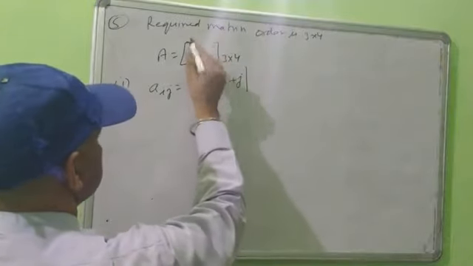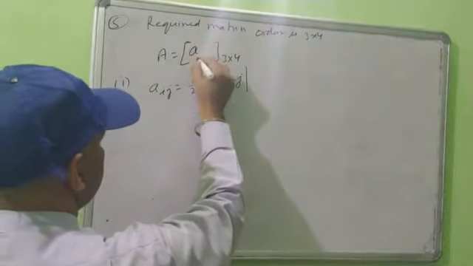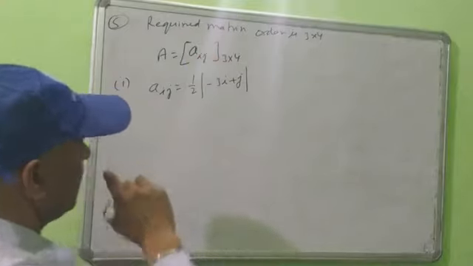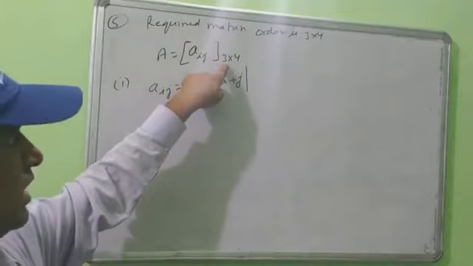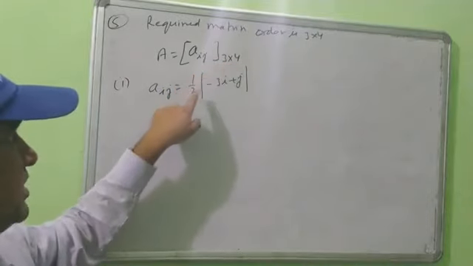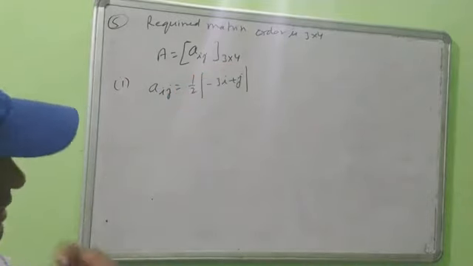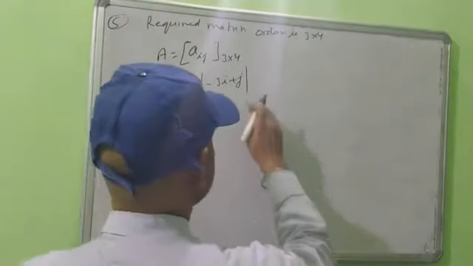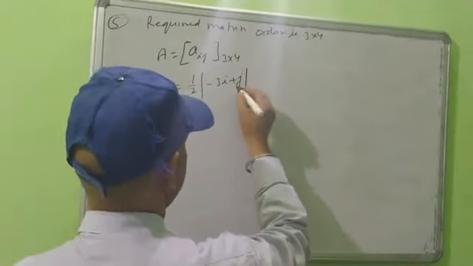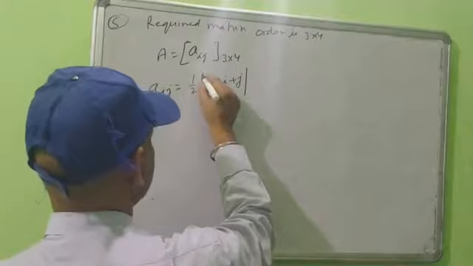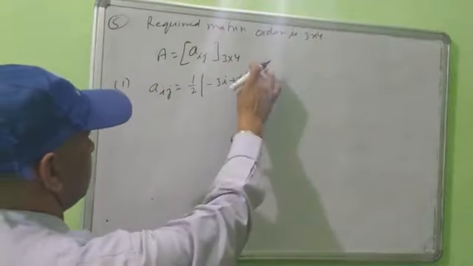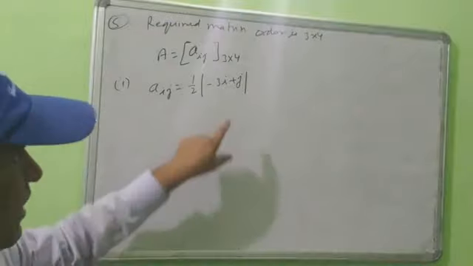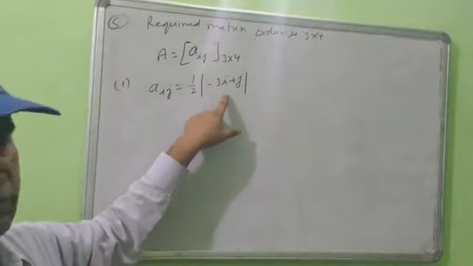Don't write them as superscripts. We write Aij in subscript, meaning row and column. i represents rows, j represents columns. So we form the 3 by 4 order matrix using this rule. This is the symbol of the mod sign. When you remove the mod sign, the value always comes out positive, never in negative form.